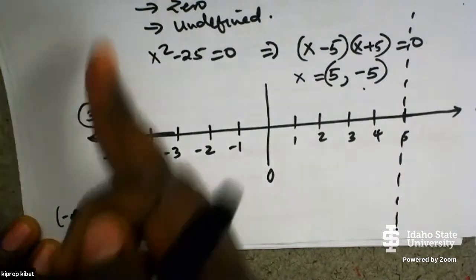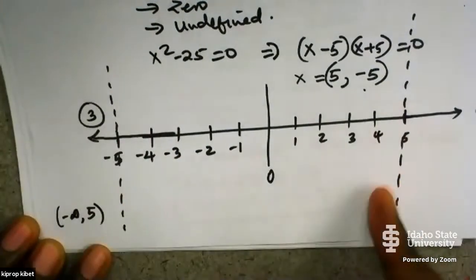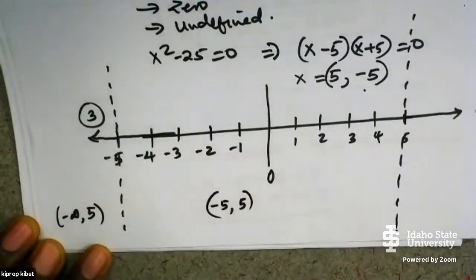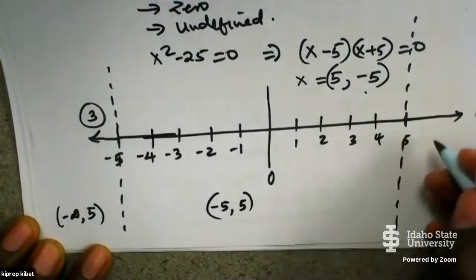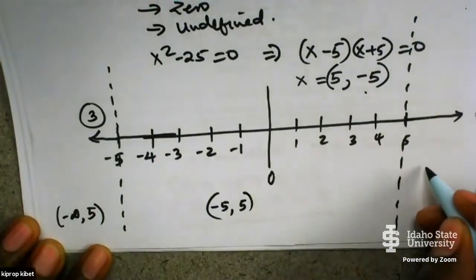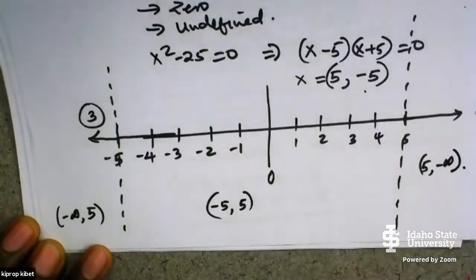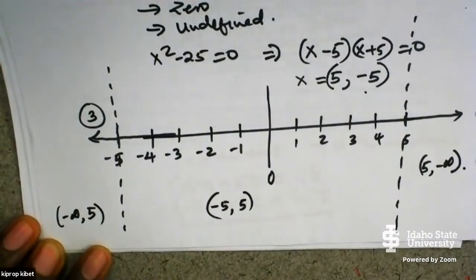And then at this region, it is minus 5 to 5, right? And then at this region, the last one is 5 to infinity. So those are the levels that you create.